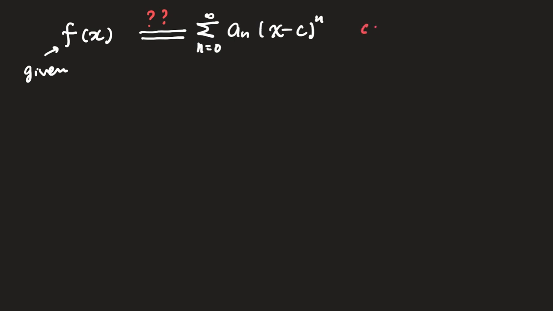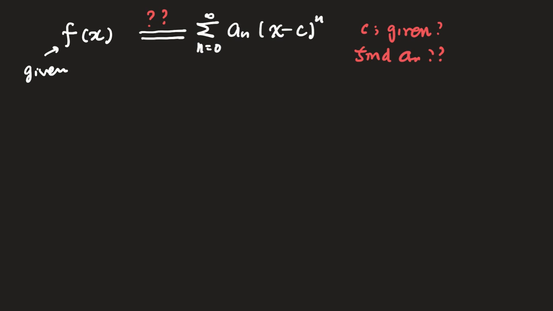So c is given, the center is given, then we have to find an. What is an going to be? Here is where we start. We know f of x. We're going to find the an coefficient.